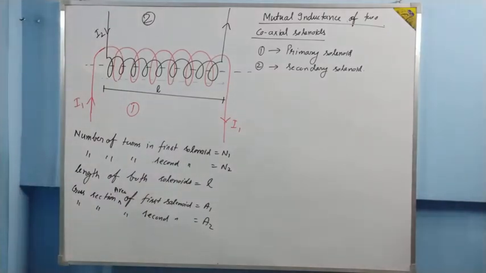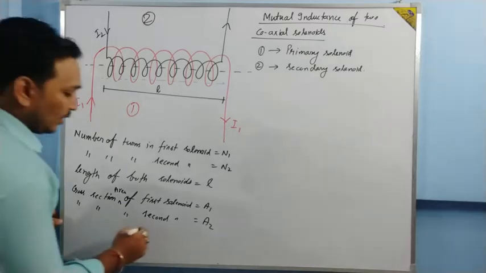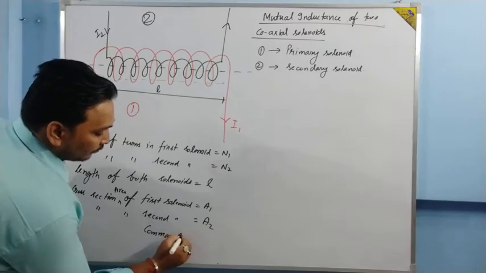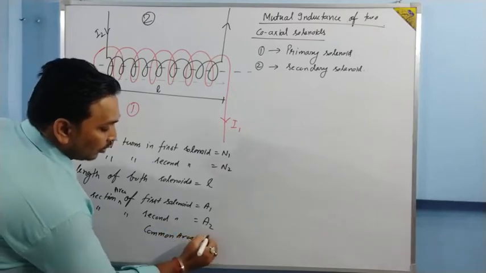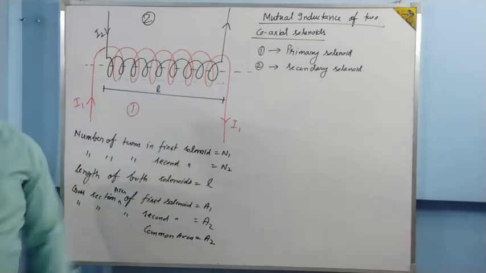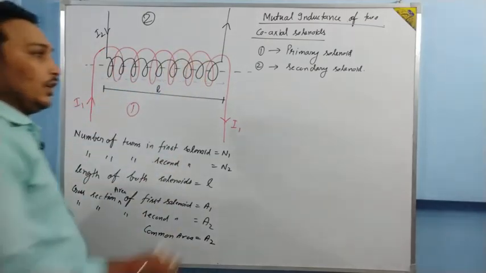So let us try to have one more concept, and that is common area. And common area is obviously A2, the inner one. Now just see.